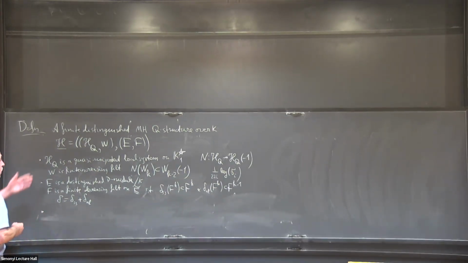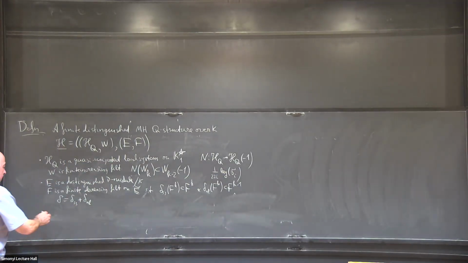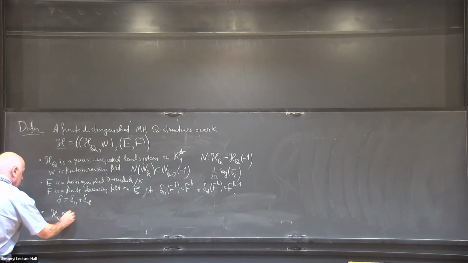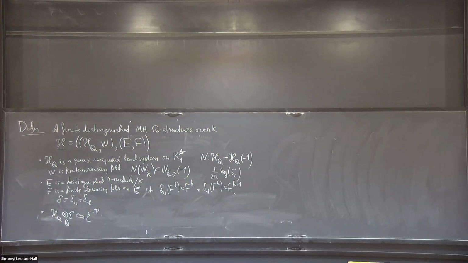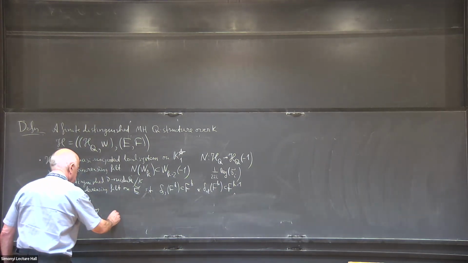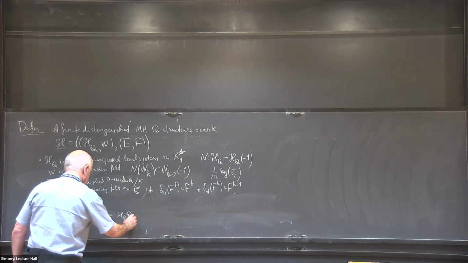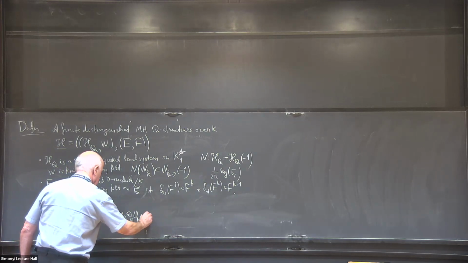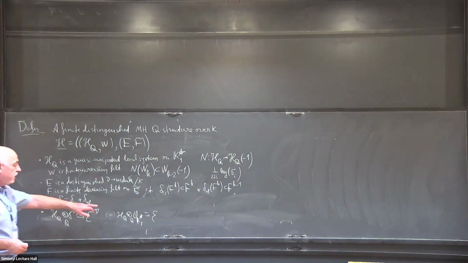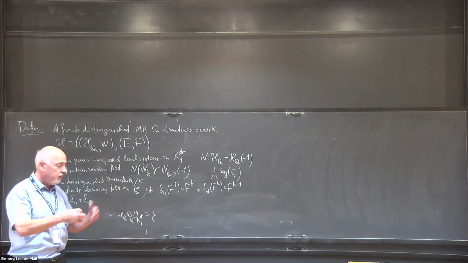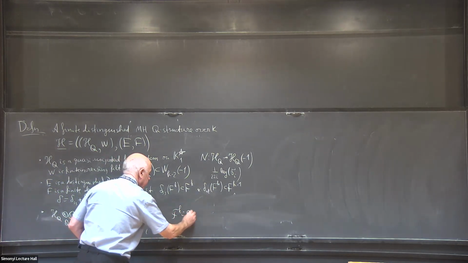Now it's the third. It's not all. I explained only the ingredients, but there is also an isomorphism in this notion of finite distinguished Hodge structure. There is a given isomorphism from this to the local system, or equivalently an isomorphism of vector bundles with connection, such that the filtration F induces a filtration on this vector bundle by subbundles, just tensor product.